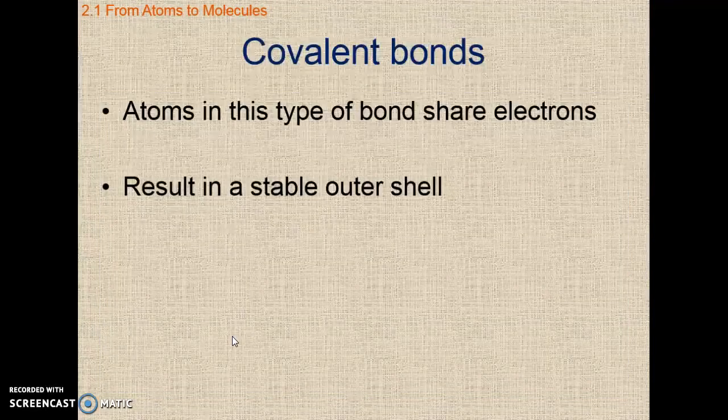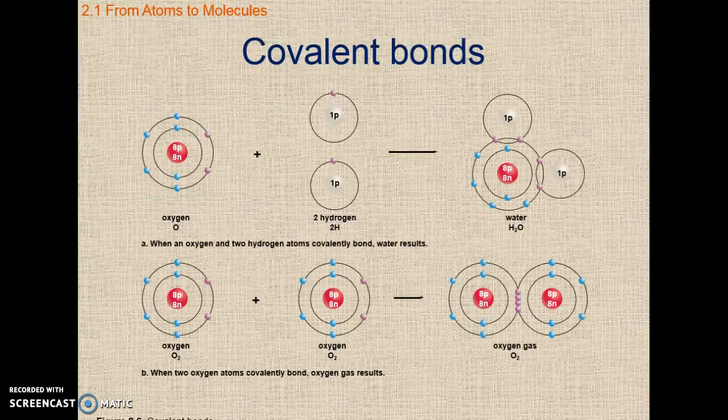All right, now covalent bonds. With ionic, you're giving up. Covalent bonds are where you're going to share electrons. So here, oxygen and water, you've got the outside electrons. These electrons are going to be shared, in this case one electron from each hydrogen atom. And now it comes over with water.